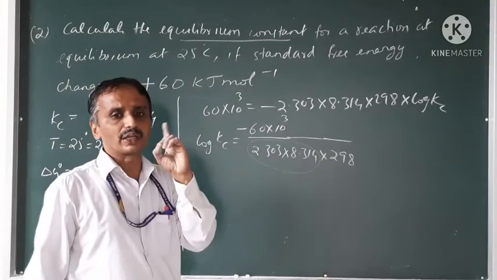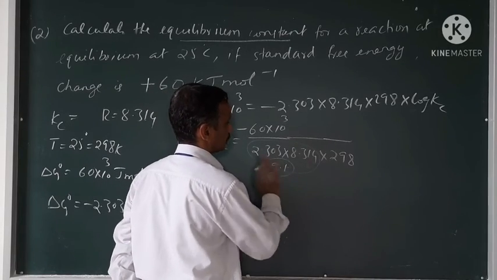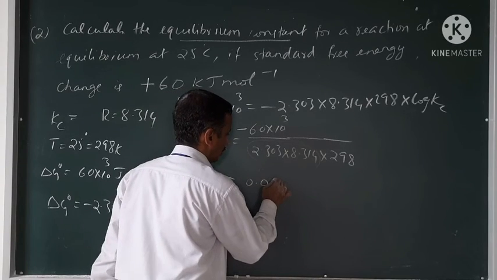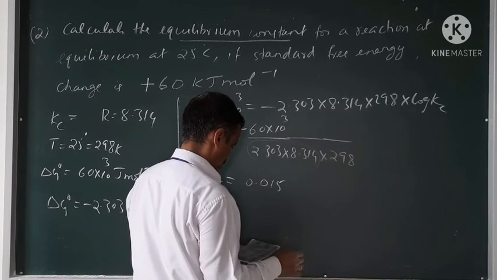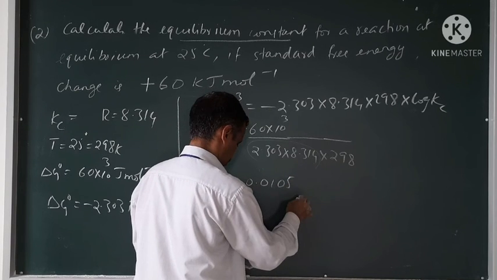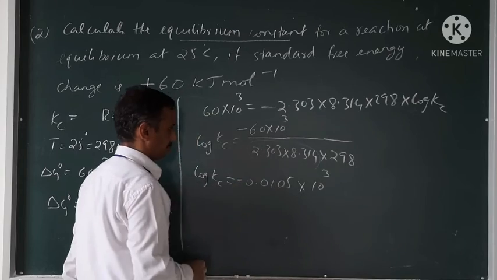One multiplication can be avoided. We can remember it as 19.1 directly for this problem. We get 0.015, 105 into 10 over 3 with a minus sign.